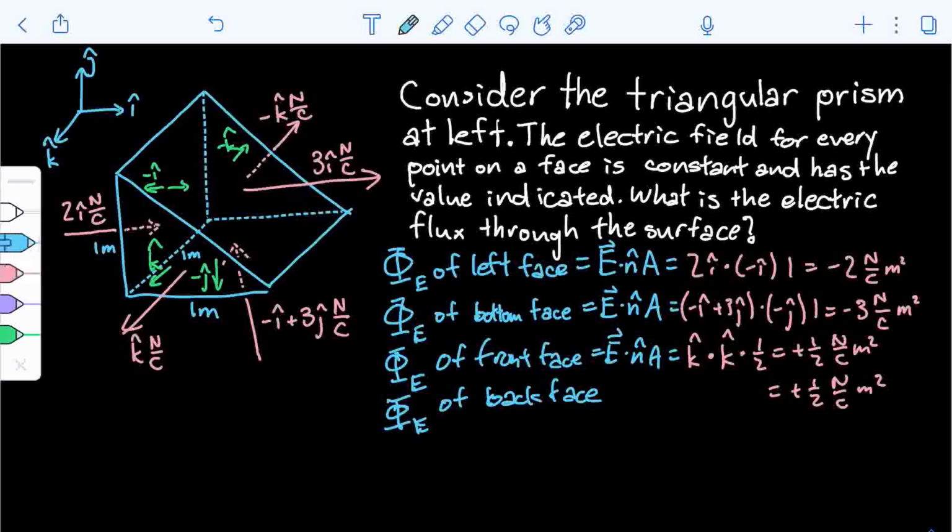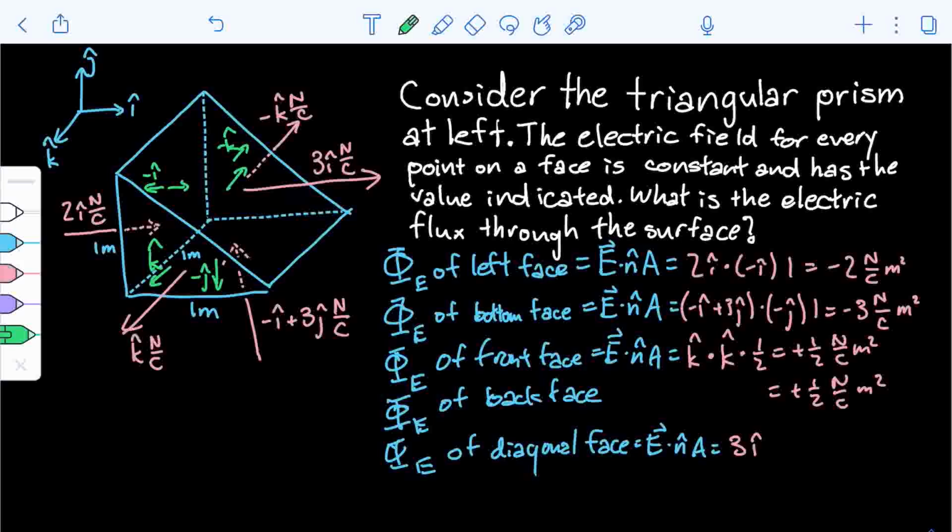And finally, the diagonal face. This time the n hat is a little more complicated, although the electric field is just 3 i hat. The n hat in this case is going to be diagonally out.